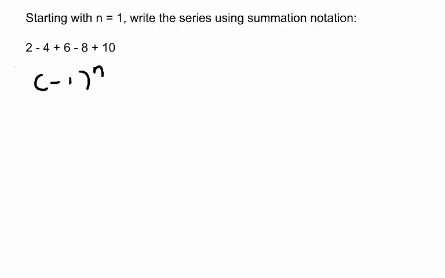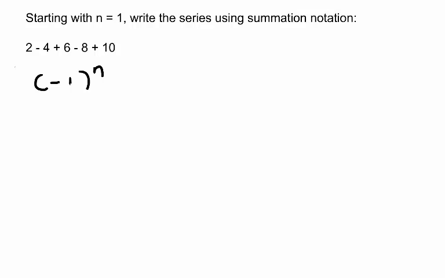If we use negative 1 to the power of n, and start with n equals 1, then we would have negative 1, plus 2, plus positive 1. And when n equals 3, we'd have negative 1 again. So we can see pretty clearly that this isn't going to work, because it doesn't match this series.